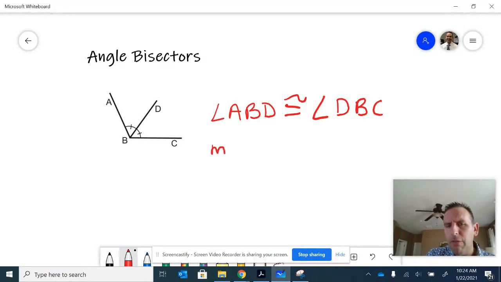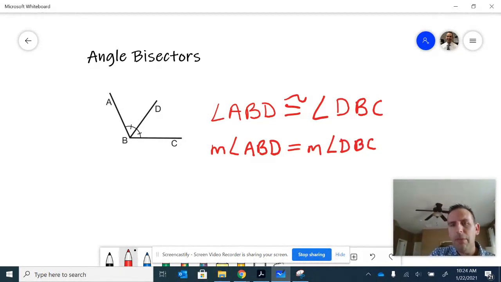If you're going to talk about the value of the angle size, usually in degrees, I would say the measure of angle ABD is equal to the measure of angle DBC. I don't use congruent because I'm talking about the number. Since those are equivalent, we say that the line segment BD is an angle bisector.